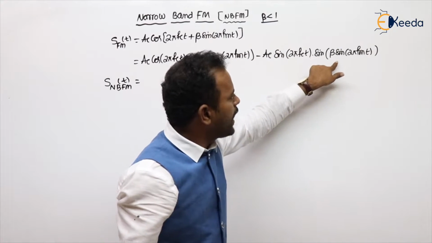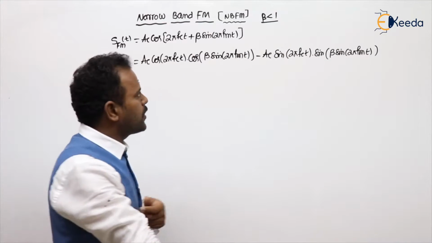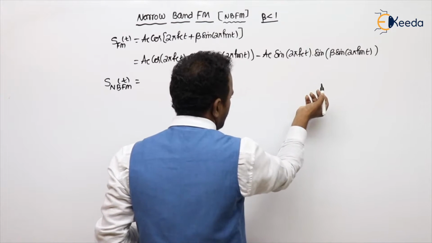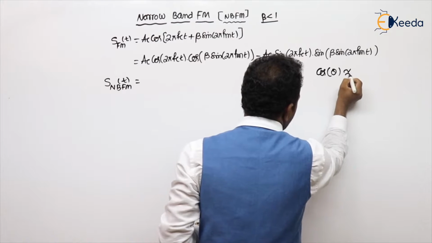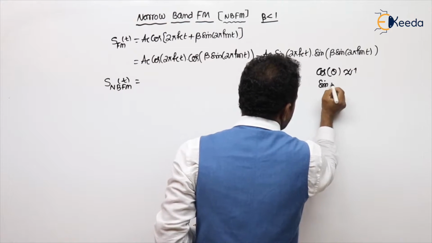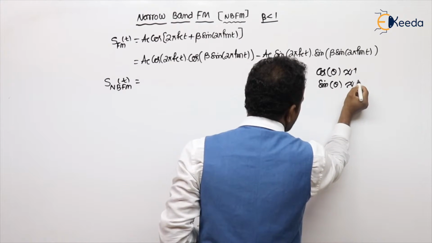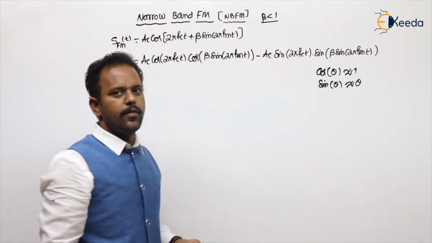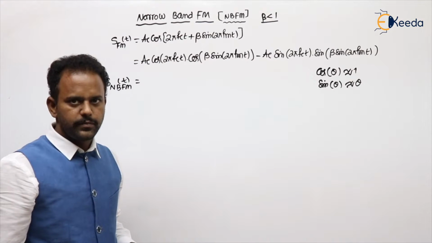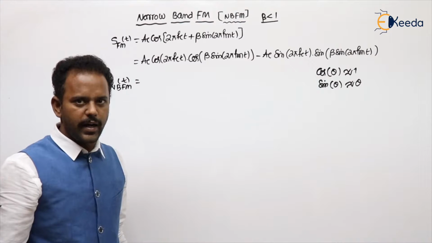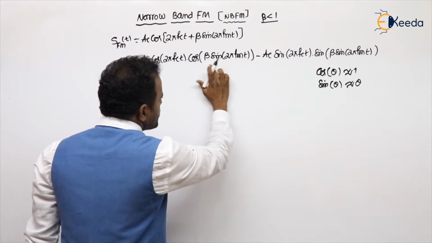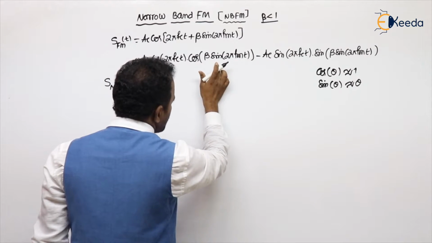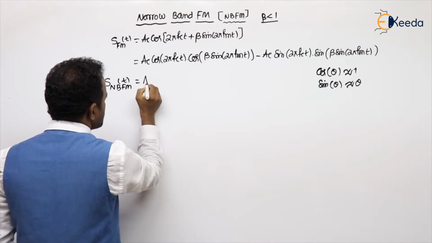From trigonometry, cos of a small angle can be approximated as 1, and sin of a small angle can be approximated as the angle itself. The angle is less than 1 radian, so you can approximate like that.